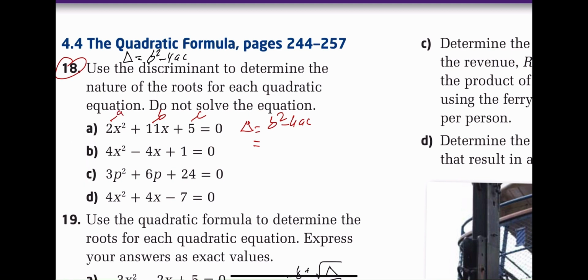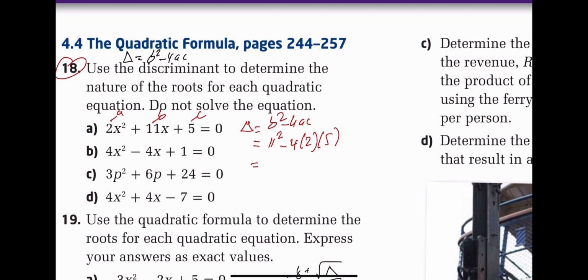So my b squared is 11 squared, so my delta will be equal to 11 squared minus 4 times 2 times 5, which are a and c.